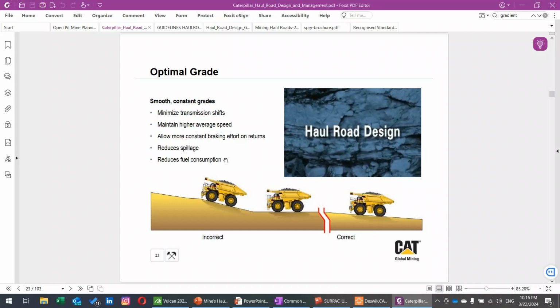Maintain higher average speed, allow more constant braking on returns, that is the retard performance of the machine, reducing slippage, that means the falling of rocks and loads from the body of the truck when it's changing the grade, and especially reducing fuel consumption.